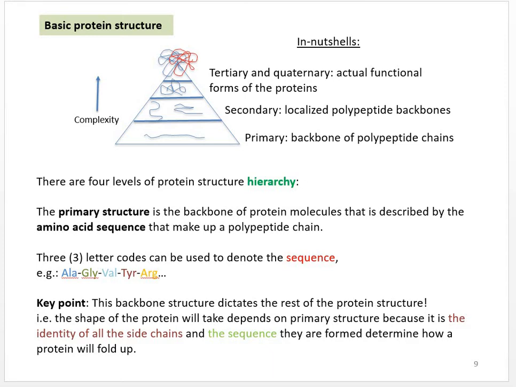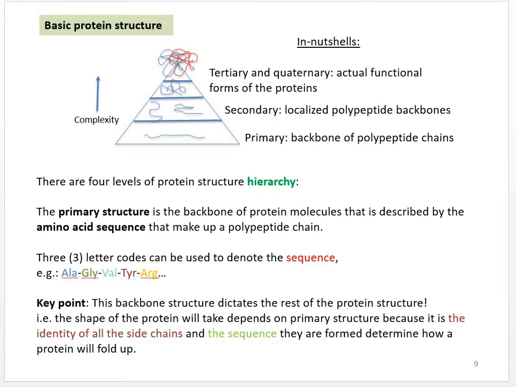This is part 2 of basic protein components as a component of food, but we need to understand a little bit about the biochemistry of protein, and the most important biochemistry is the protein structure. There are 4 hierarchies here, starting from the lowest, the primary. This is just the backbone of the polypeptide chain, followed by the folding of the polypeptide backbones or localized backbones.